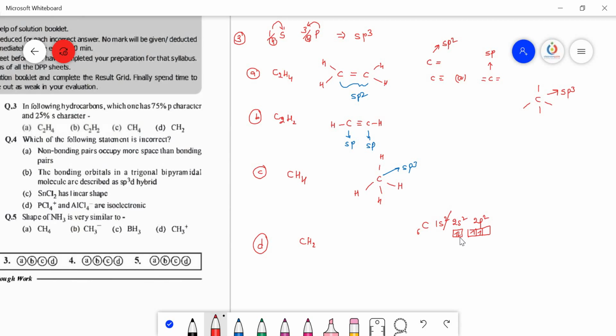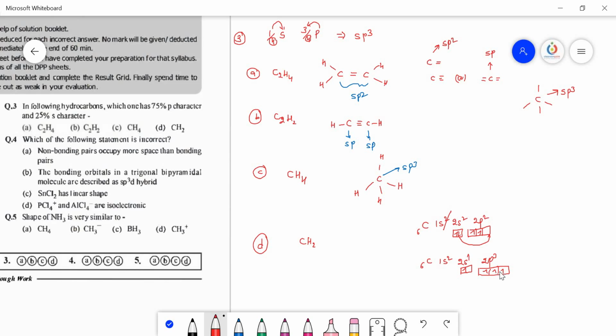It always forms bonds only in the excited state, in its first excited state. So one of the s orbital electrons jumps into the p orbital, making the excited state electronic configuration of the carbon 1s2, 2s1, 2p3. So now carbon is having the 4 valence electrons, and with the help of these 4 valence electrons, carbon is able to develop the 4 bonds.